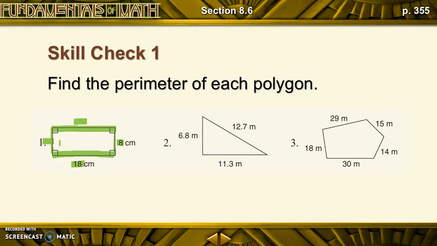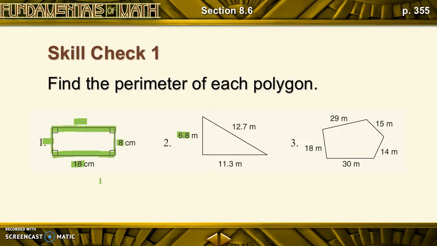This is a rectangle, so we know that there's going to be 2 sides that are the same and 2 other sides that are the same, and they all have 90-degree angles. So we have 18 plus 18 plus 8 plus 8 for a total of 52 centimeters.